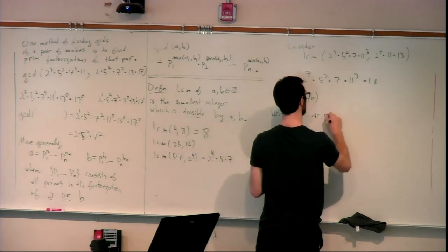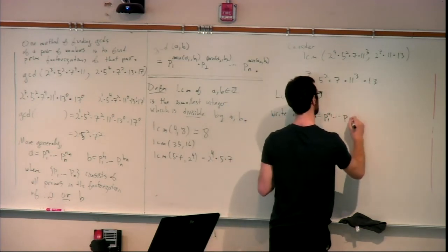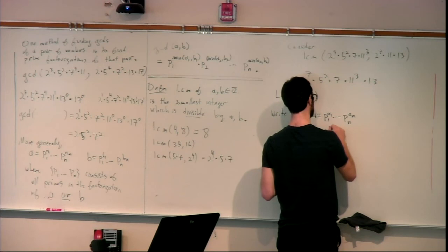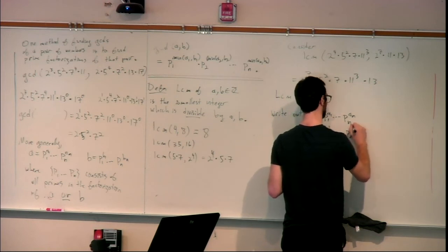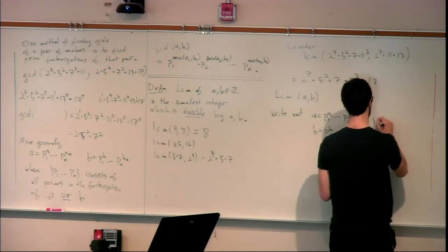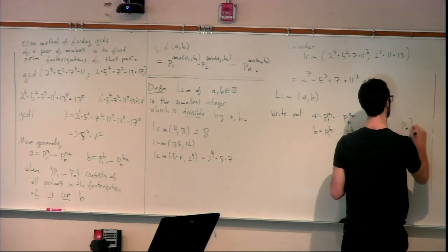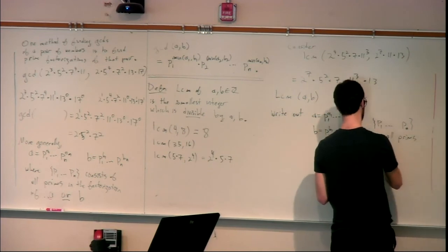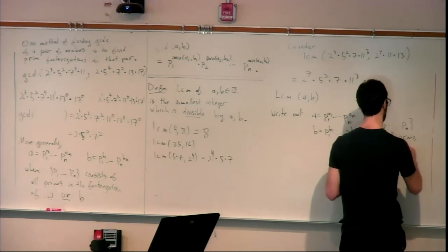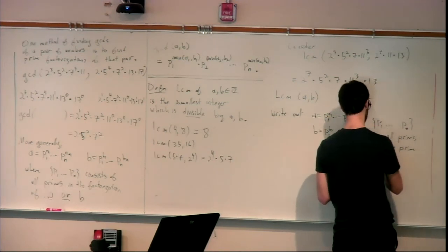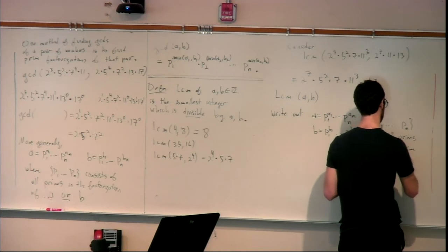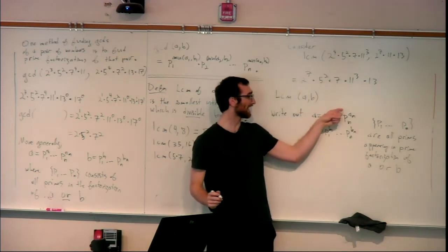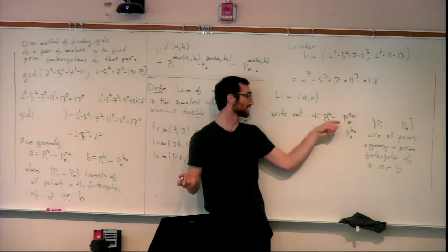A is equal to P1 to the A1 times, up to Pn to the An, and B is equal to P1 to the B1 all the way up to Pn to the Bn, where P1 through Pn are all primes appearing in the prime factorization of A or B. And notice that some of the AIs could be 0, and some of the BIs could be 0.